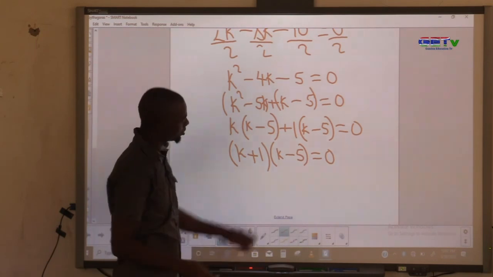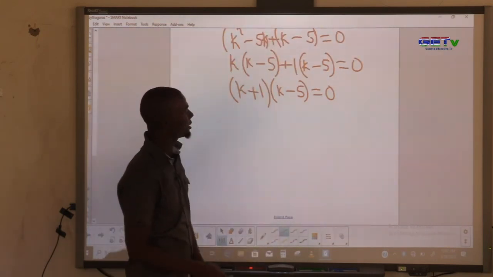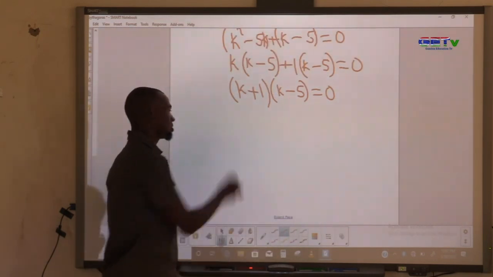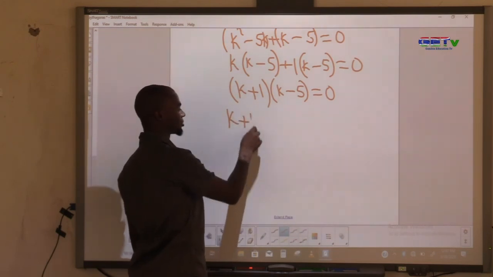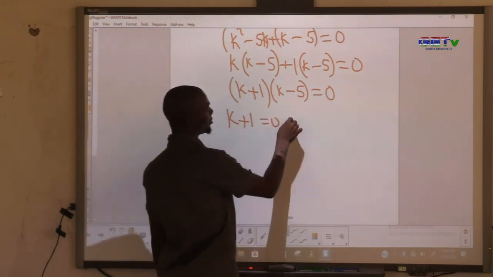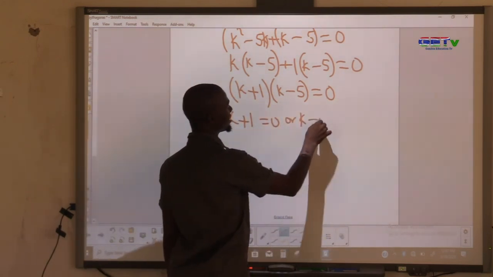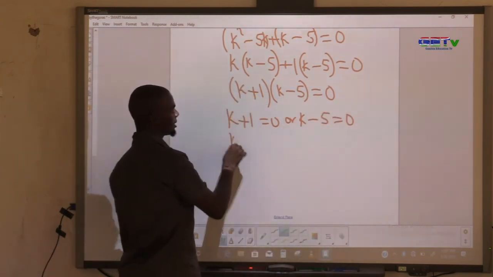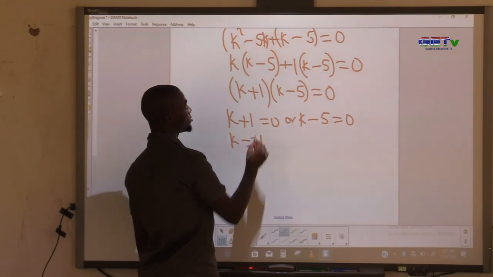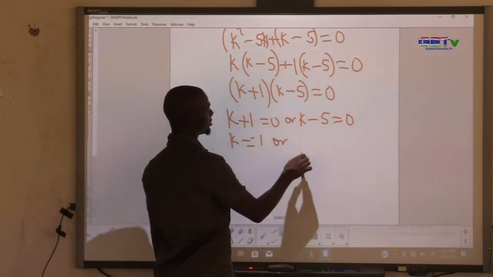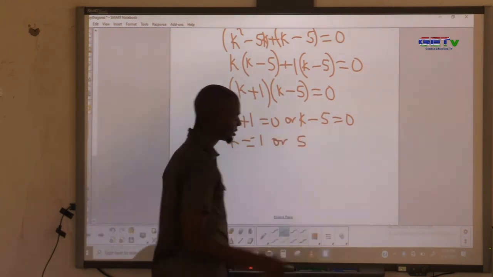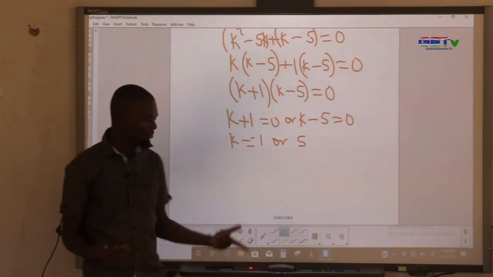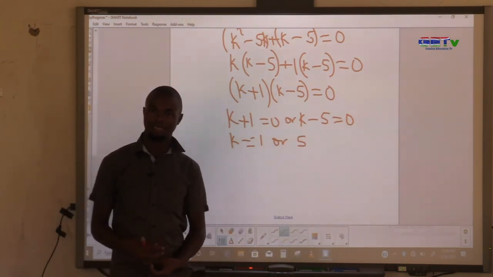So by the zero product property, either k plus 1 is equal to 0 or k minus 5 is equal to 0. K is equal to negative 1 or positive 5. Now, what are we looking for? A distance.